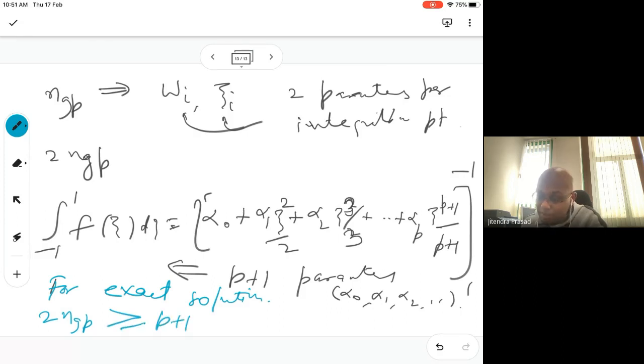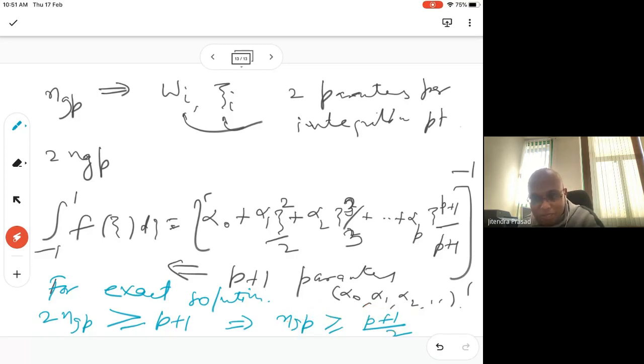That tells you NGP is greater than or equal to p plus 1 divided by 2, where p is the order of the polynomial. So if NGP is at least p plus 1 over 2, then the integration will be perfect. Otherwise, it will be reduced integration. Okay. Any questions, guys?